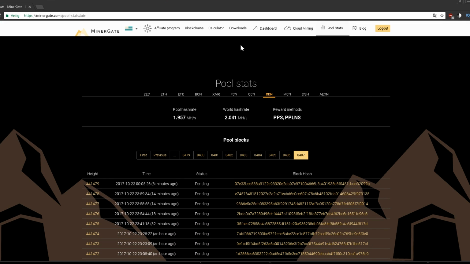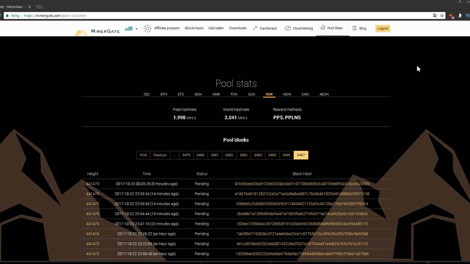However, like I explained earlier, they'll be charging you a fee of 1.5%. And this depends on different pools. They have different rules, different fees. So it's best to check that out.